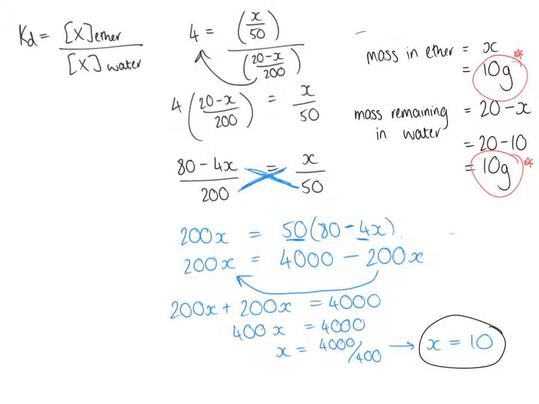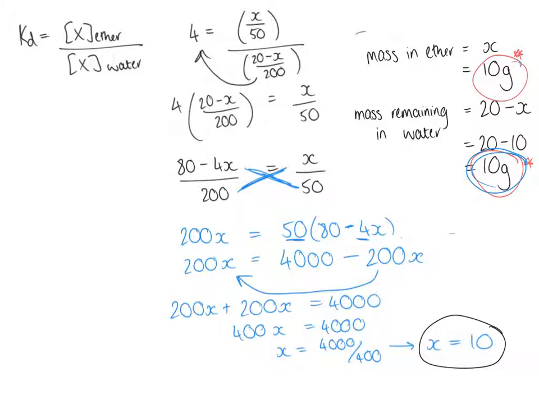And what we're now going to do is take our water layer and add in another 50 centimetres cubed of organic solvent and see how much we can extract from that. So if you remember, as I talked previously about this method of extracting, we wash it with or mix it with the organic solvent.